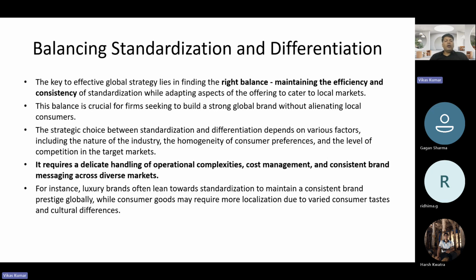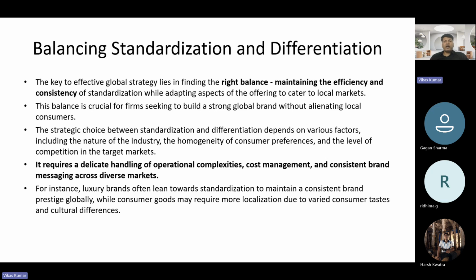For example, luxury brands often lean towards standardization to maintain a consistent brand prestige globally, while FMCG products like Hindustan Unilever or Future Group may require more localization due to varied consumer taste and cultural differences.